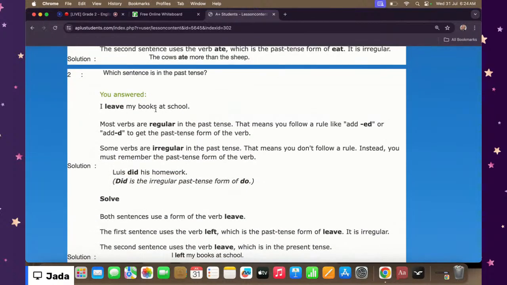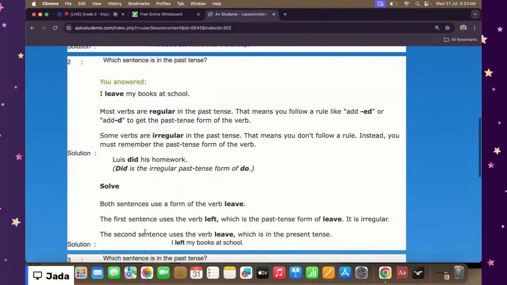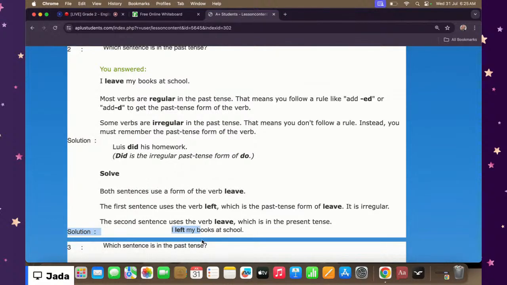I leave my books at school. Leave is in the present tense, and then "I left my books at school" is in the past. So the past tense of leave is left, the irregular past. Okay, so please take notes, everyone.